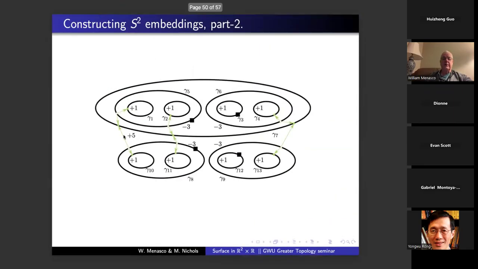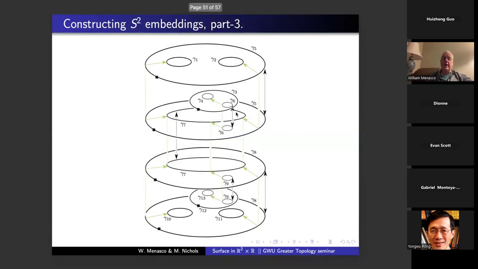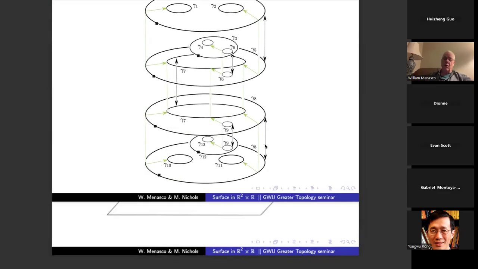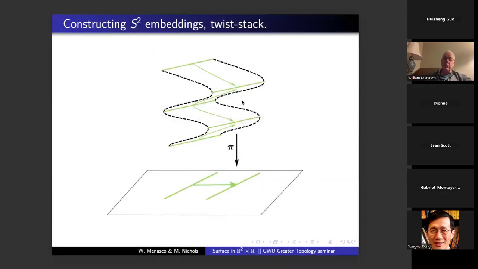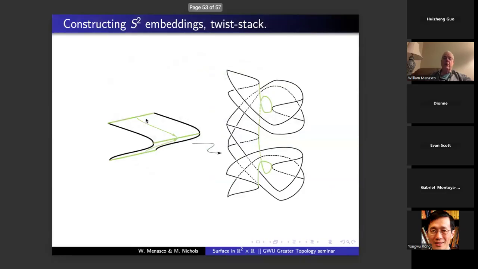Is that 3 stacks? 1, 2, 3. There's 3 stacks of arrows. And for each stack of arrows, you're going to just give it one twist. And when you do that, you will realize the crease curves as having the associated Gauss weighting that you need.